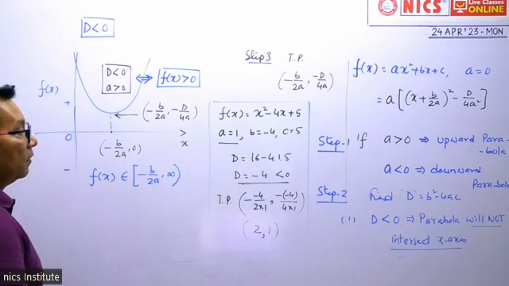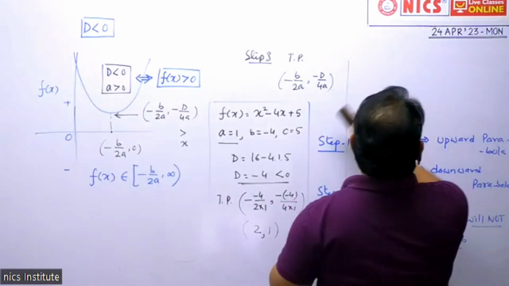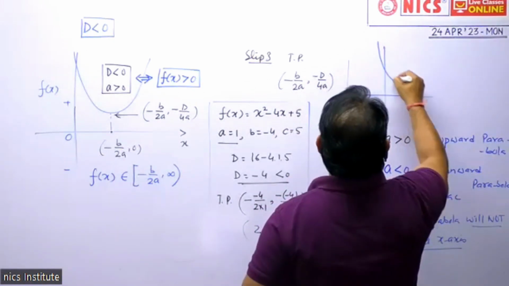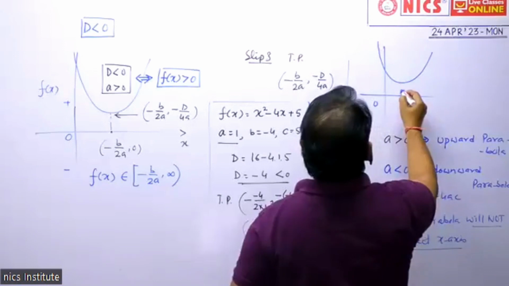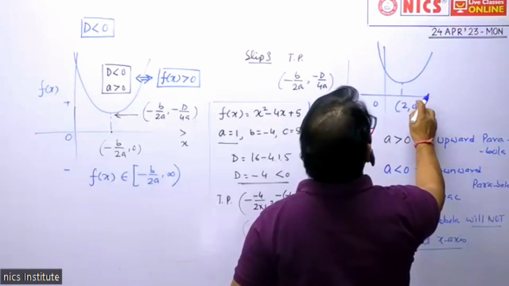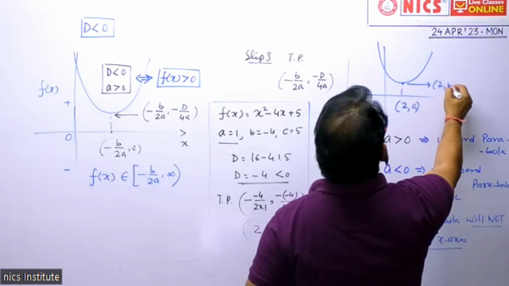So the graph of this parabola would be something like this. There's no need for us to take a number of points and do it. This is basically (2, 0). This is the turning point, which is (2, 1).